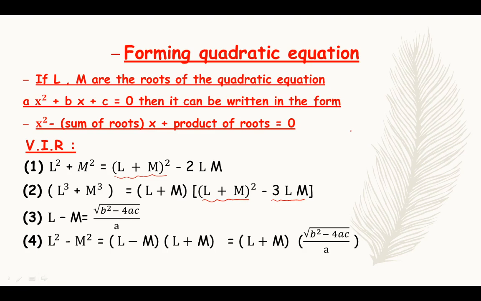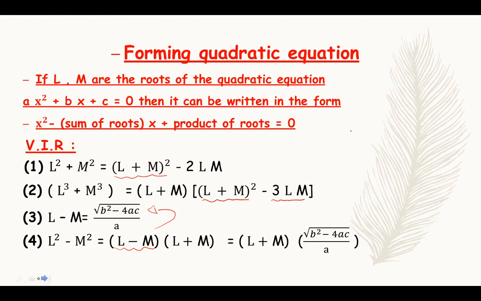You can factorize it into the difference of two squares, which is the two brackets L minus M and L plus M. Then you are going to replace L minus M by the other rule. So we can write L plus M, and we replace L minus M by the rule, the square root of b power 2 minus 4ac over a.